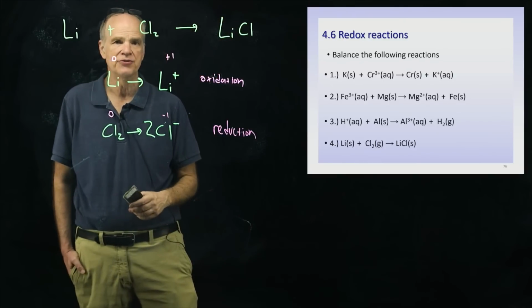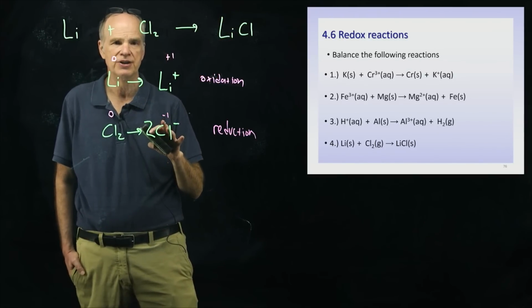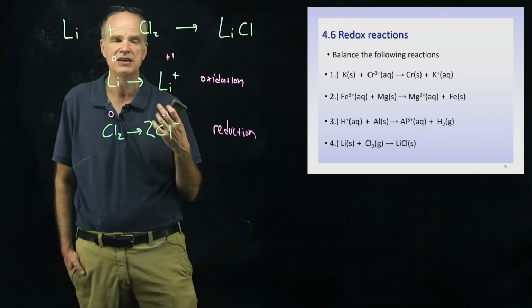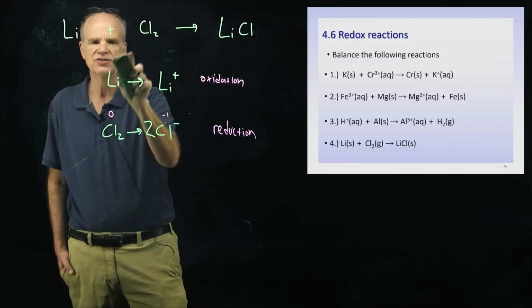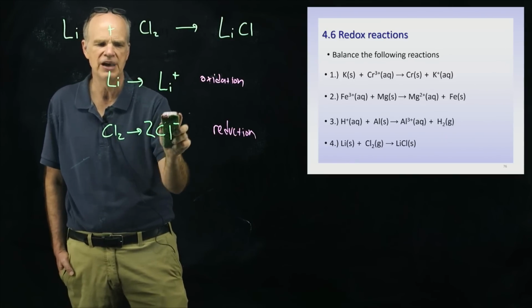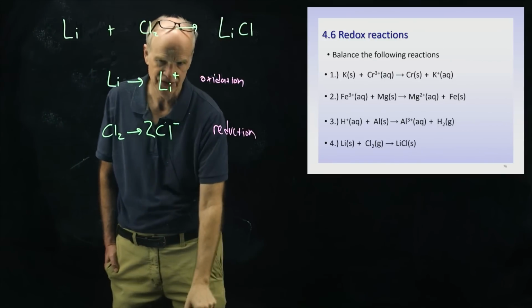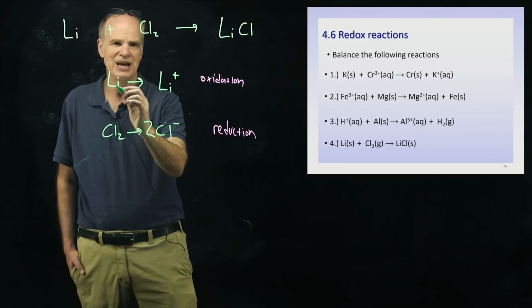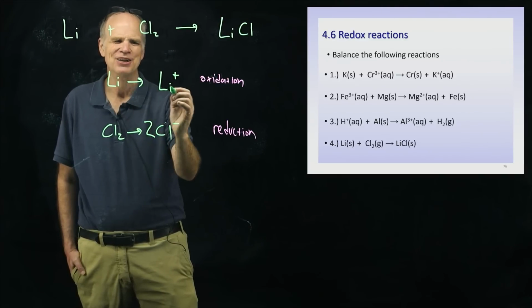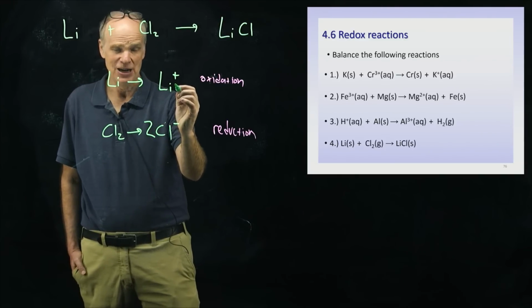So now we have to figure out, as these reactions are written, how many electrons appear to be leaving the oxidation reaction and going to the reduction reaction. Again, I tend to look at the reactions themselves and not their oxidation numbers. So here we have a neutral lithium atom going to a positive lithium ion.